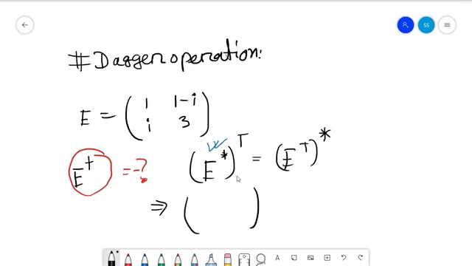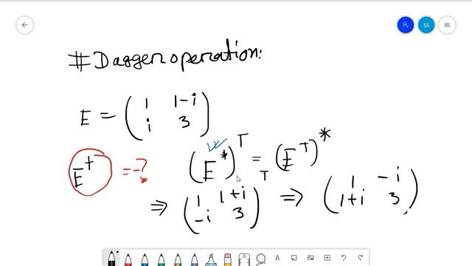So after you take the conjugate, this becomes 1 plus i, minus i, 3, and then you have to transpose it. So after you transpose it, it's just 1 plus i, minus i, 3. So this is how you can take the Hermitian conjugate or dagger operation on a matrix.